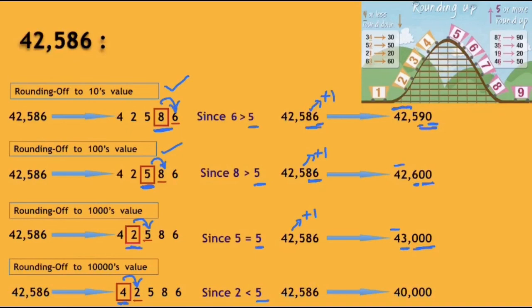Since it is less than 5, the number remains the same, and the right side numbers will be replaced by zeros. So now 42,586, if we round off to the nearest 10,000's place value, the number becomes 40,000.